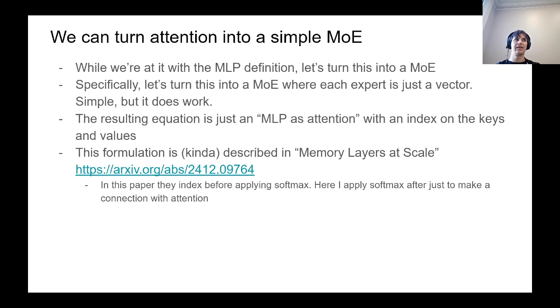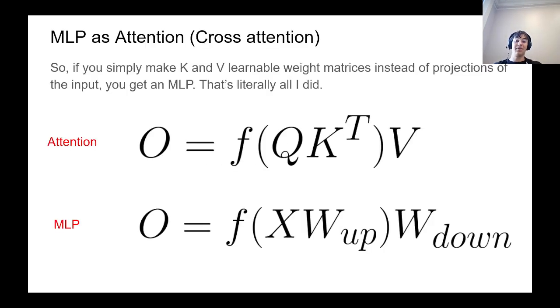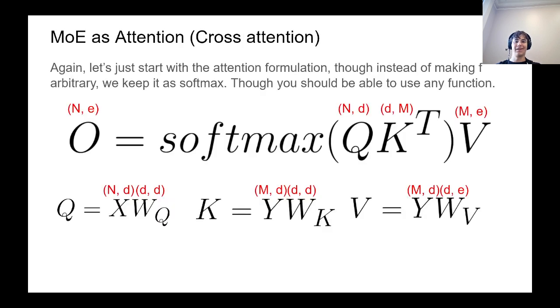What I'm deriving is not exactly what they define in memory layers. They have an index outside. The index is just in a slightly different location, but it's basically the same idea. So hopefully the MLP makes sense. I'll define this as the MLP and then define an index on it.